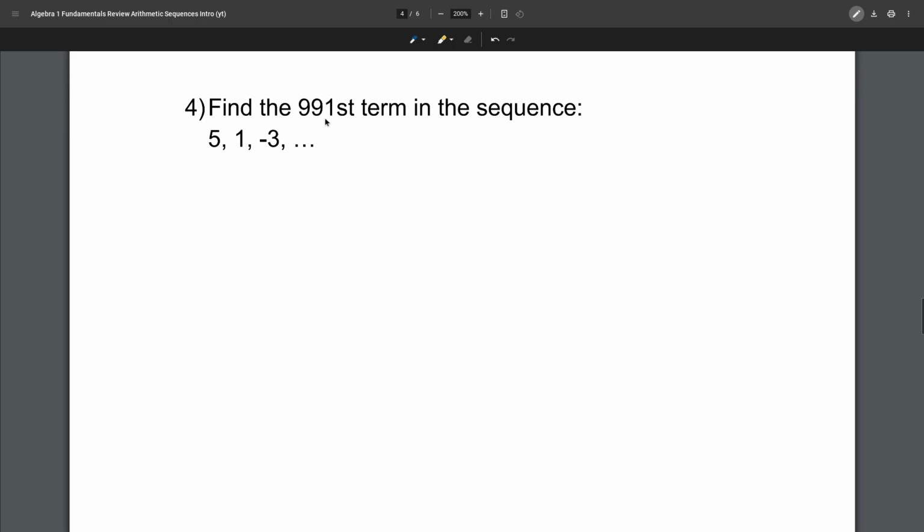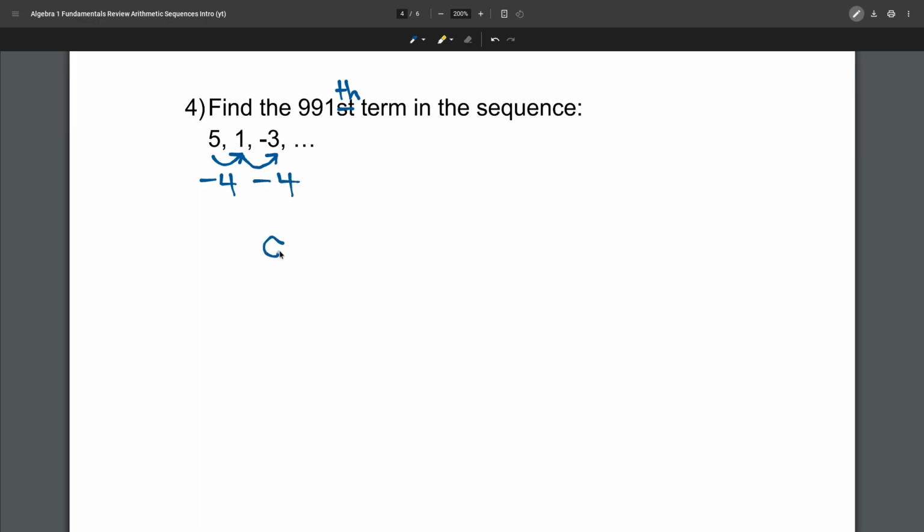So problem 4, find the 999th, I think this should be 99th, term in the sequence. Okay, so we go from 5 to 1, so we subtract 4 to get to the next term. And then from 1 to -3, we subtract 4.